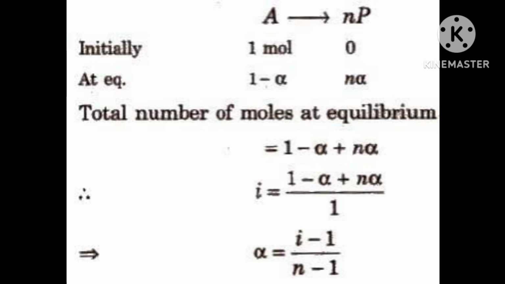Correct? Then you can write that Van't Hoff factor i is equal to normal molar mass divided by abnormal molar mass. Correct? Then now i value is equal to 1 minus x by 2. Don't forget.